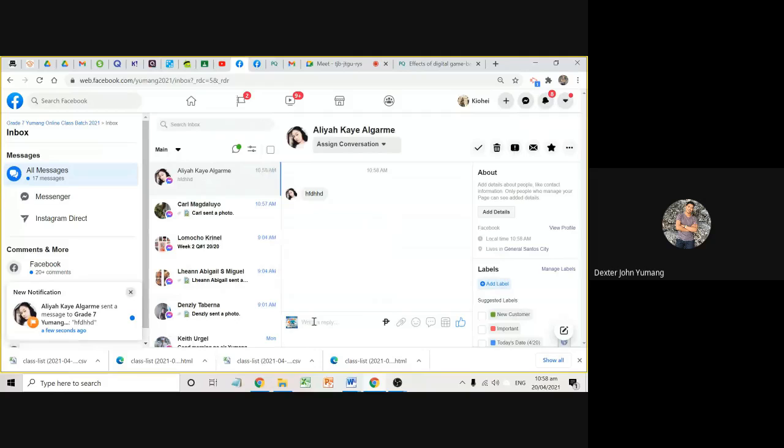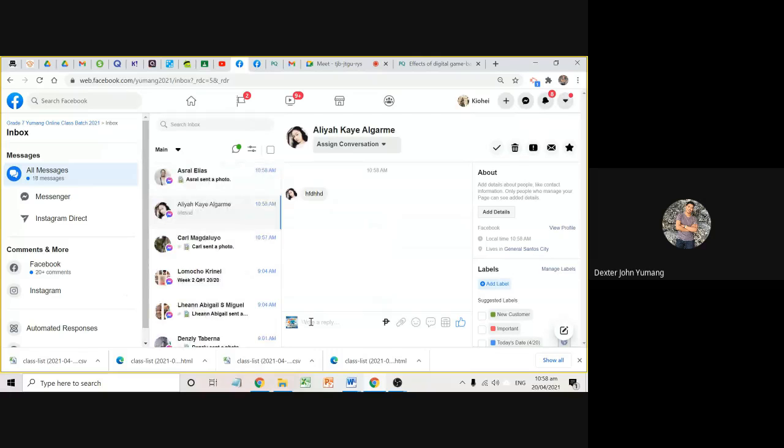Ikaw yan, tama? Opo. Okay. Ito ang gawin mo. Para hindi ka ma-late sa mga submission, di ba yung quiz natin ngayon, nilagyan ko ng code W1 Q number 1. Opo. Messenger yung send mo. I-type mo W1, Q number 1.